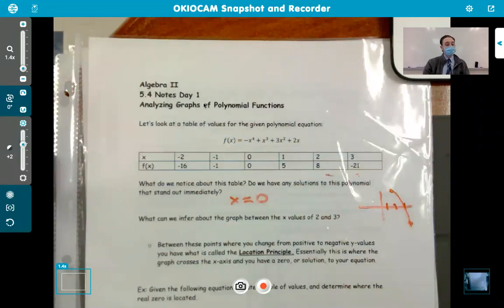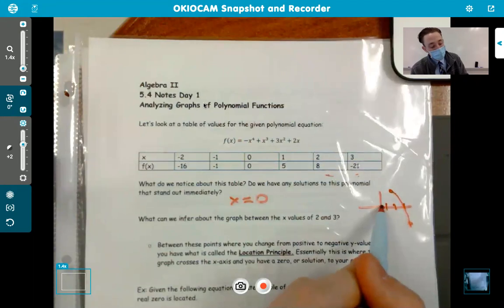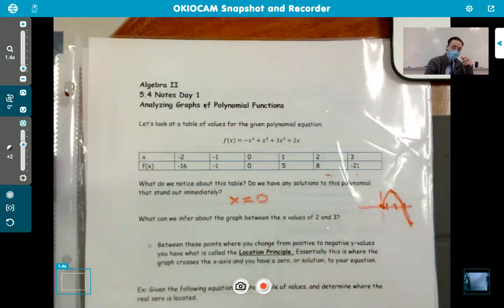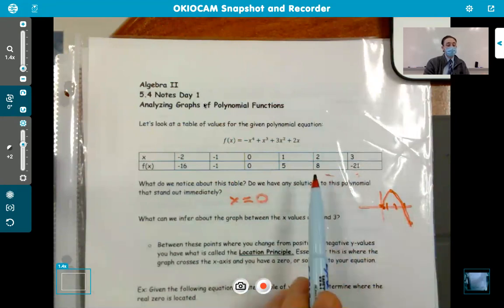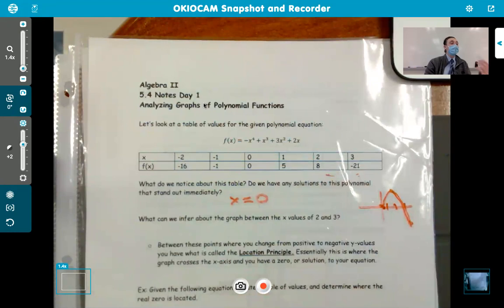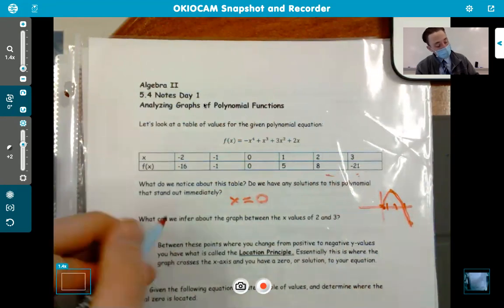So you can't be so strict to just look for zeros, right? Although there's a point here at 0, 0, and my graph maybe looks something like that. It's not always going to be the case, right? Remember that when we did this before with quadratic equations, we looked at maybe where my y values went from positive to negative or from negative to positive. That also was a place that we could determine there were some solutions, all right? So what can we infer about the graph?